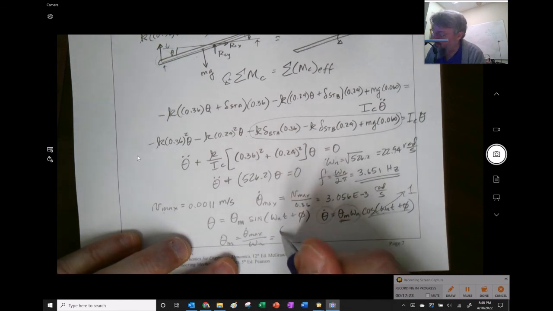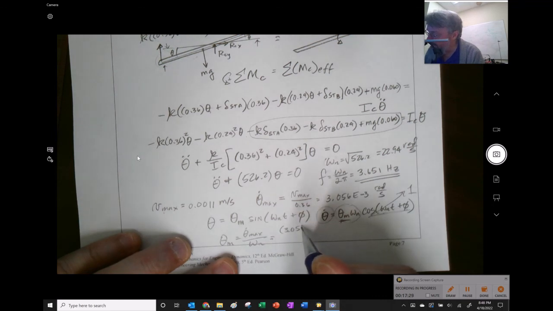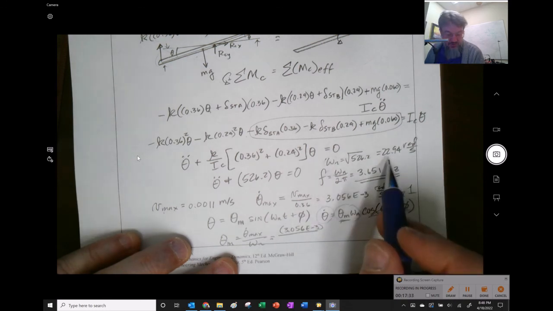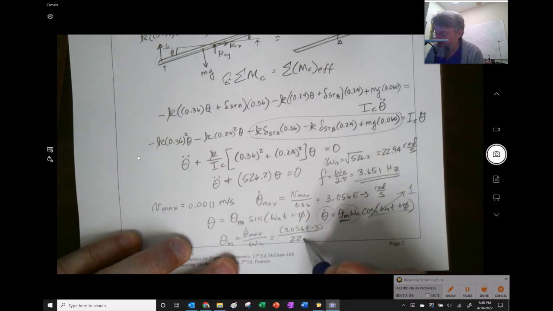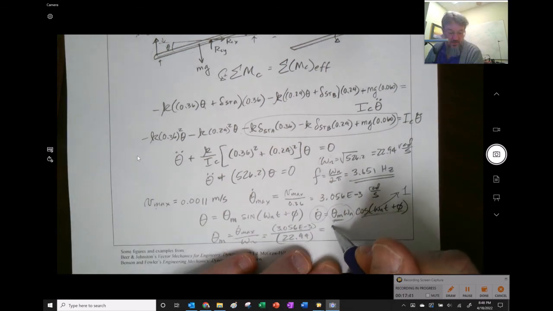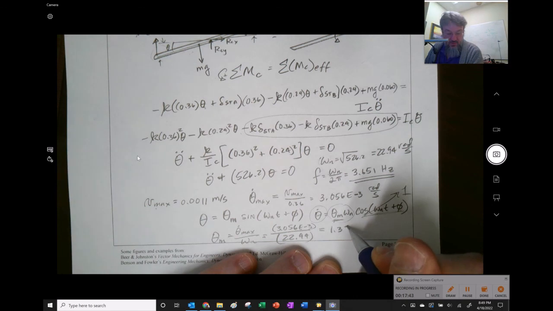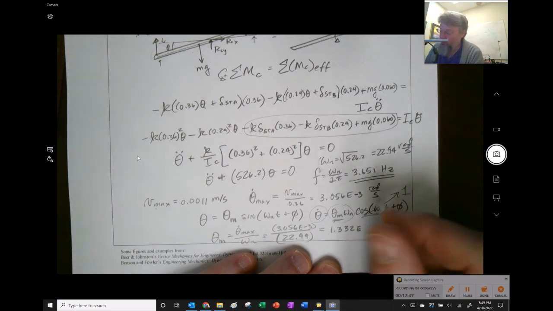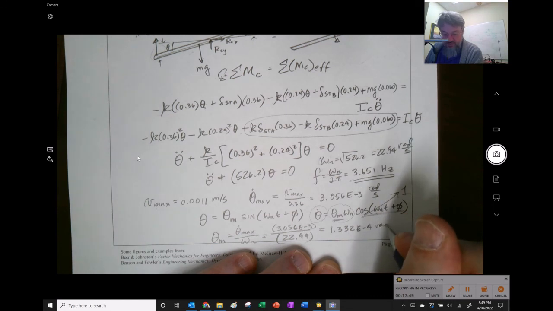So take what you got here, 3.056 e minus 3, and divide by the natural frequency of 22.94, and what you're left with is 1.332 e to the minus 4 radians.